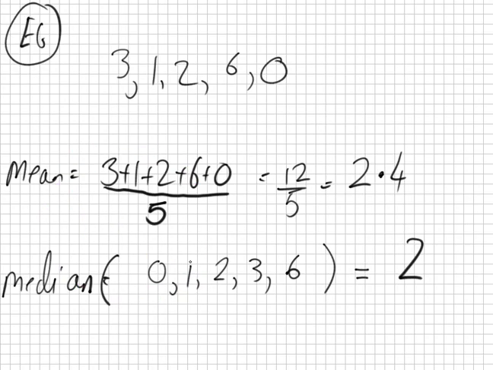You get rid of the first and the last, get rid of the first and the last, and this is the number you're left with in the middle. What do you do if you have 2 numbers left in the middle? Yeah, you add and divide by 2. So for example, if I was left with a 2 and a 3 in the middle, the answer would be 2.5. So that's the median.